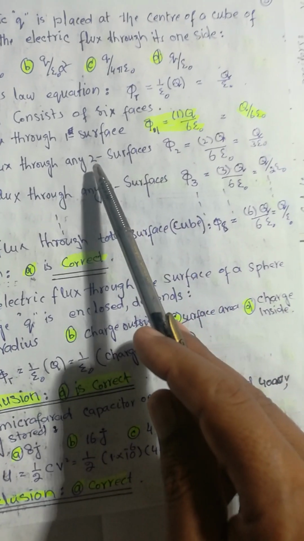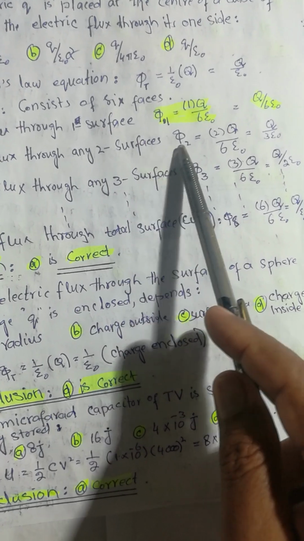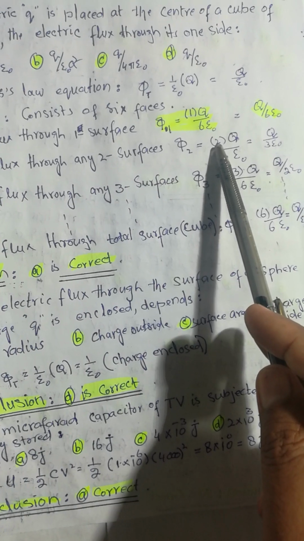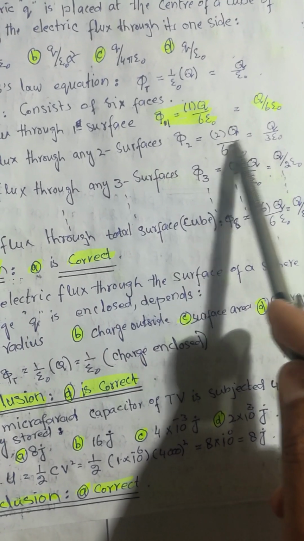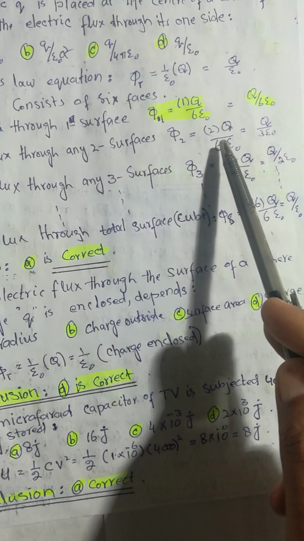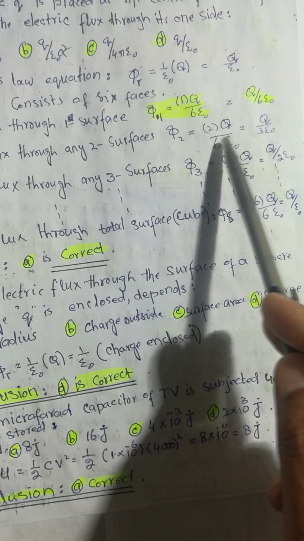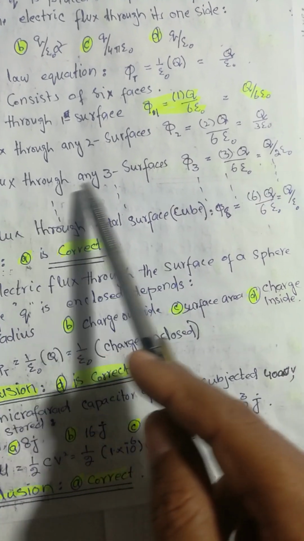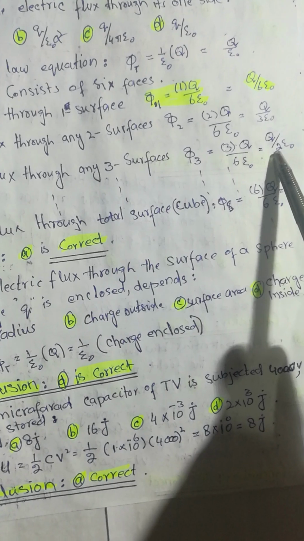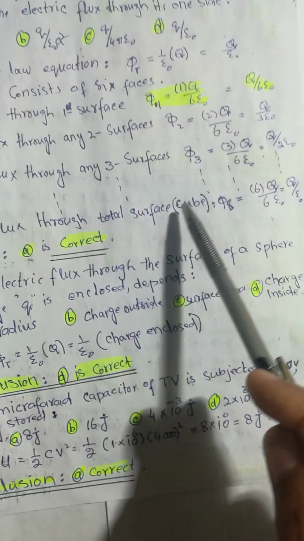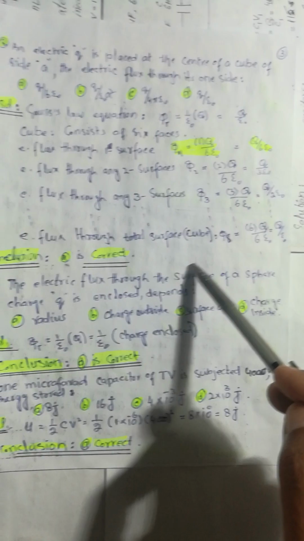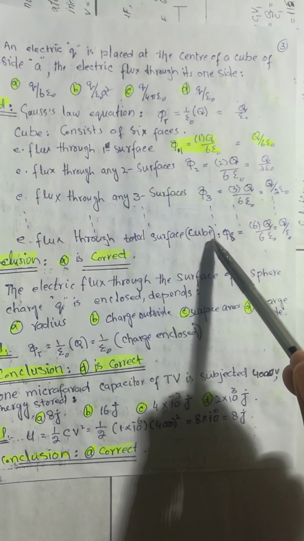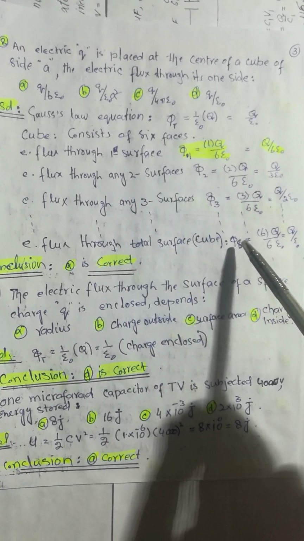If we want to find electric flux through two surfaces, phi 2 will be equal to 1 replaced now by 2, so 2q divided by 6 epsilon naught. So 2 and 6 simplify, and we get the answer for two surfaces as q by 3 epsilon naught. Similarly for three surfaces, and the answer will be this for 6 surfaces, which means we have to find the total flux through the total surface of the cube.